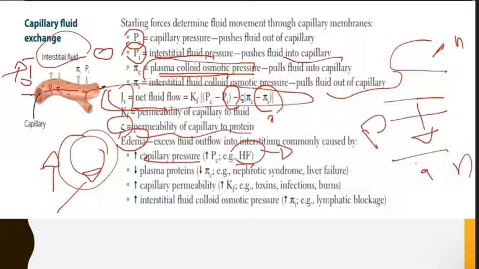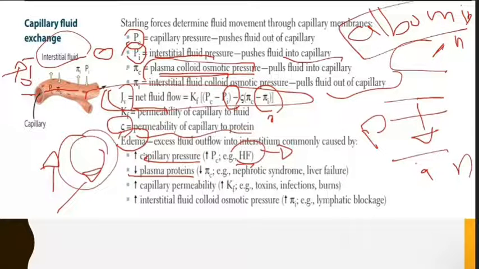Now, another thing that causes edema is a decrease in the plasma proteins, like if you have hypoalbuminemia. If the albumin is decreased, which is a protein produced by the liver, the liver produces this albumin, which is the most important protein in the blood vessel.